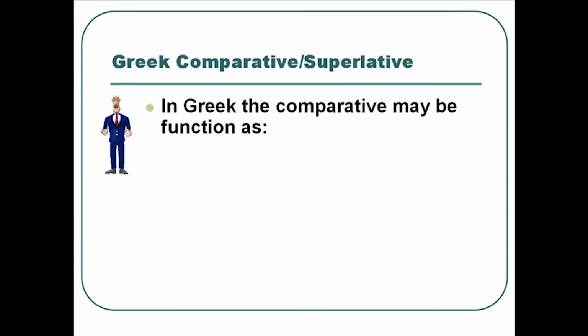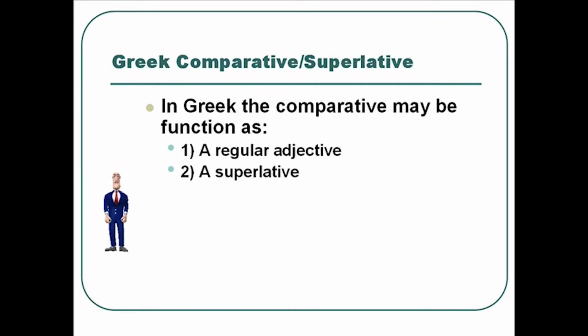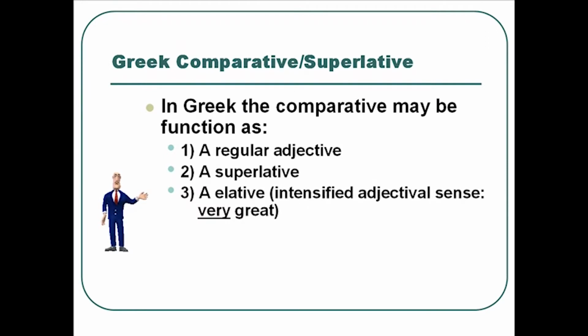Now, starting out in Greek, I want to be honest with you about the ambiguities there are with these comparatives and superlatives. So the Greek comparative may function as one of the three of the following. A regular adjective. It can also function as a superlative sometimes. And so you say, well, is it a comparative or a superlative? Well, sometimes the comparative can function as a superlative. And then it can also function as what's called an elative.